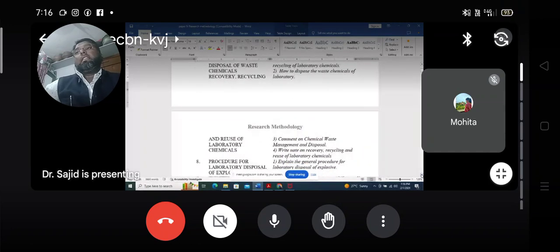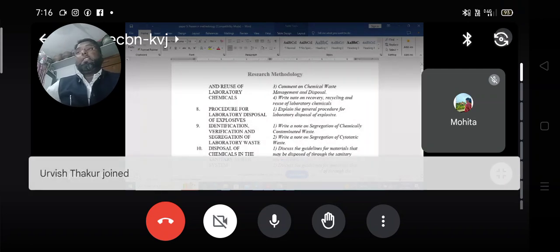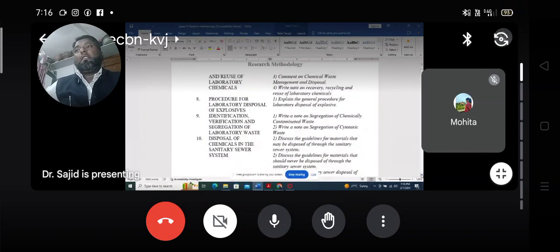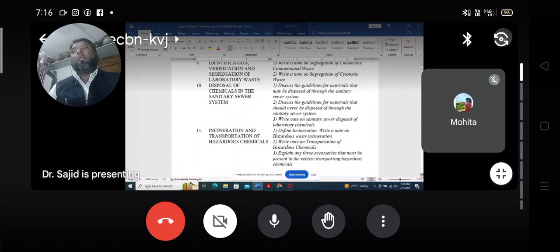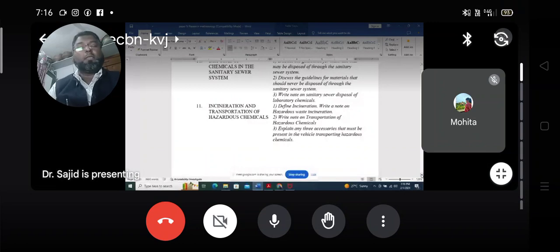The next 8th part is the procedure for laboratory disposal of explosives, identification, verification and segregation of laboratory waste. The 10th point is the disposal of chemicals in the sanitary sewer system. And the last point is the incineration and transportation of hazardous chemicals.